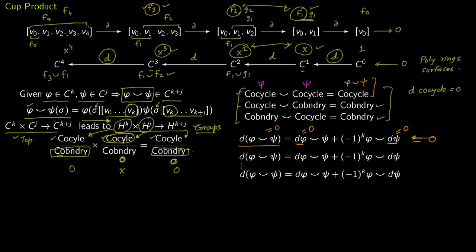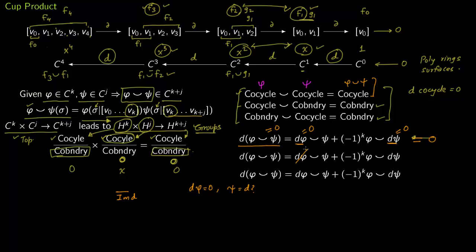Now coming to the second part. Again, recall that co-cycle of something means d of it is 0, and co-boundary means that this thing is d of something, because co-boundary is always an image, and this image is coming from d. So now co-cycle times co-boundary, that is d of this var phi is 0.